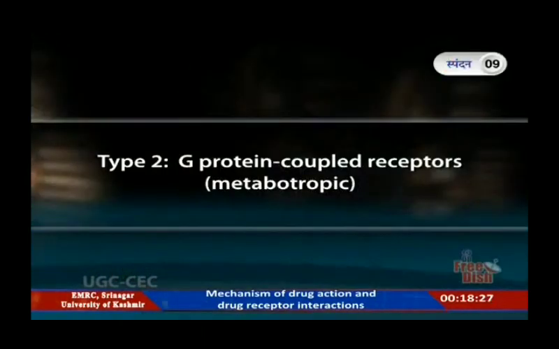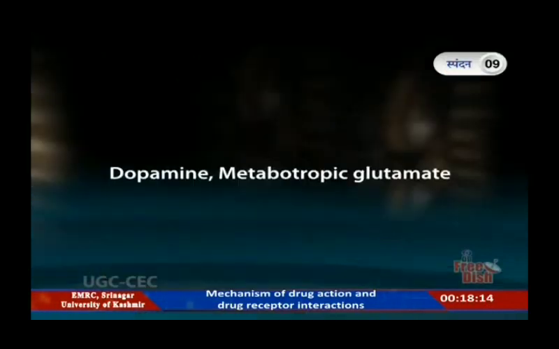Next is type 2, G-protein coupled receptors or metabotropic. This is the largest family of receptors and includes the receptors for several hormones and slow transmitters, for example dopamine and metabotropic glutamate. They are composed of 7 transmembrane alpha helices. The loops connecting the alpha helices form extracellular and intracellular domains.